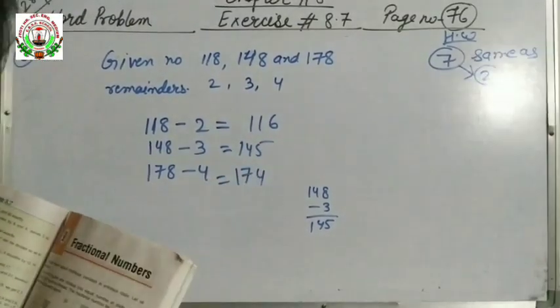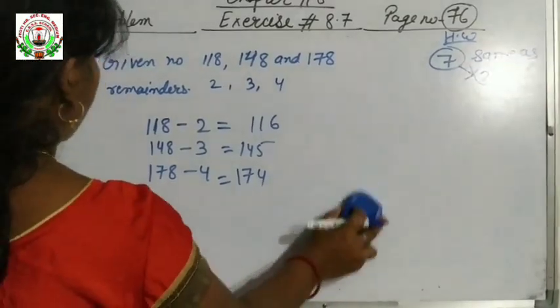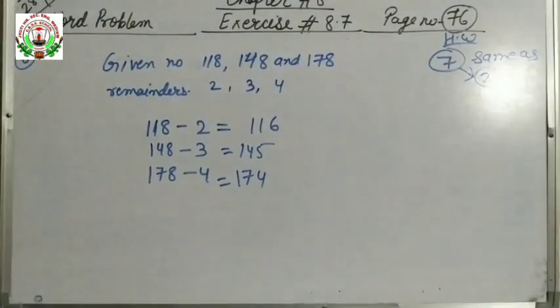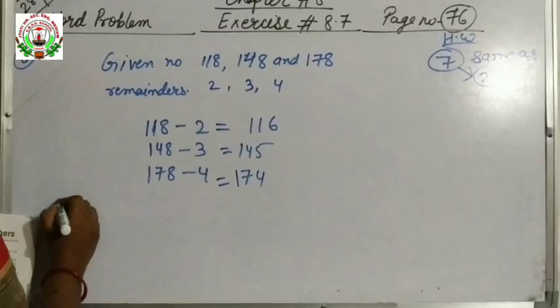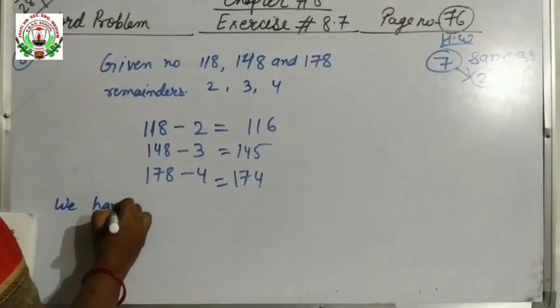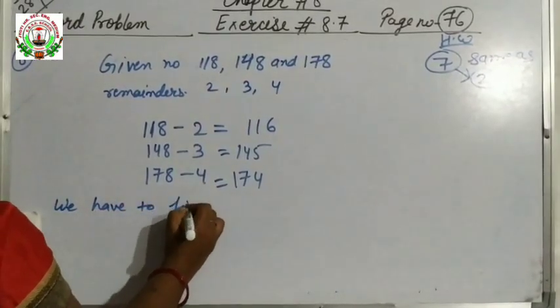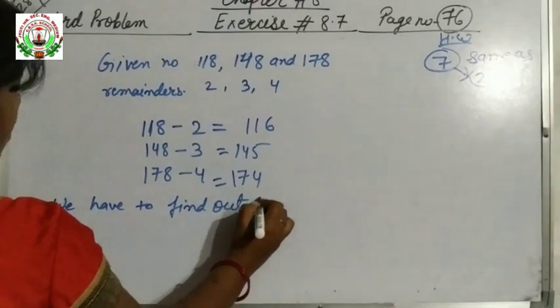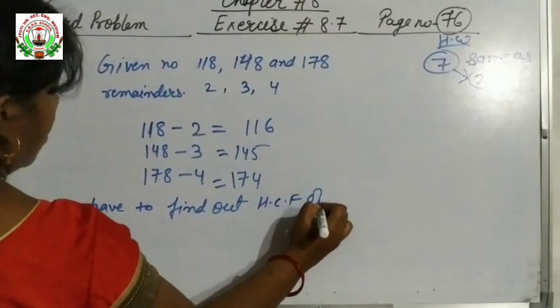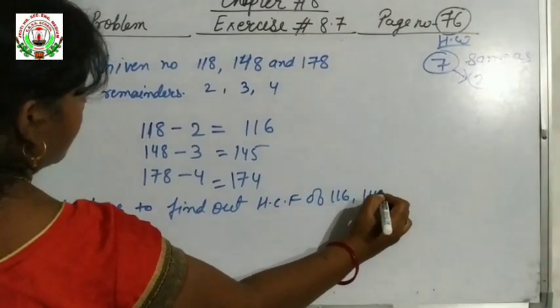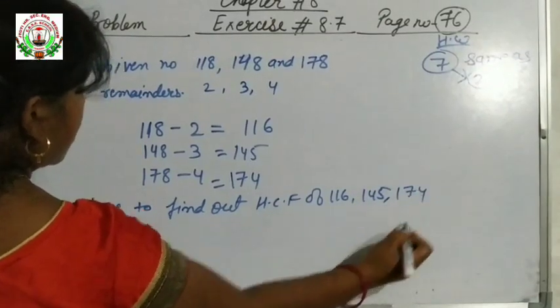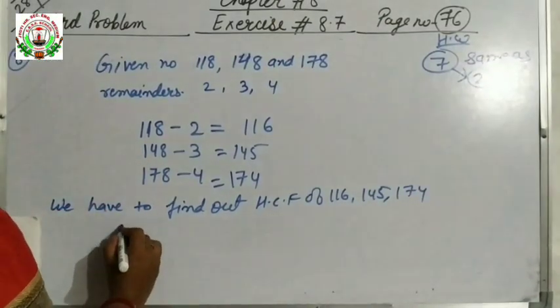So we will get this number 116, 145 and 174. Now we have to find out HCF of 116, 145 and 174.